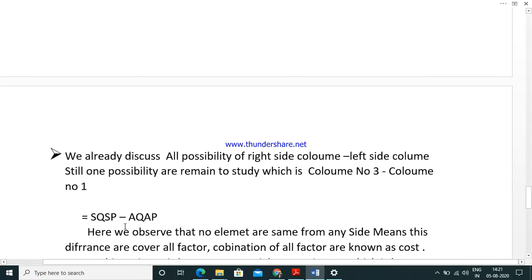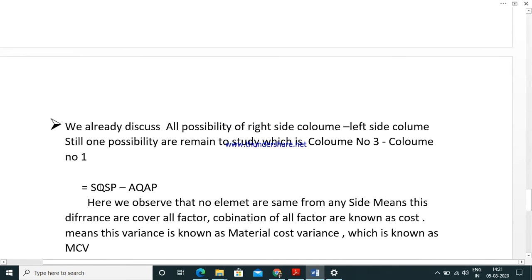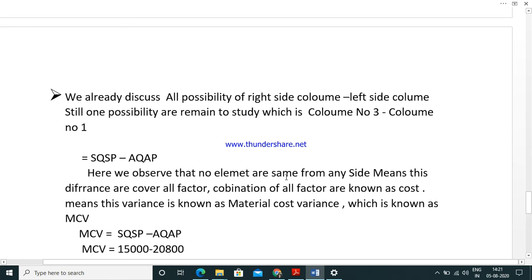We already discussed the possibilities of right side column minus left side column. One possibility remains to study, which is column number 3 minus column number 1, which is SQSP minus AQAP. Here we observe that no element is the same on either side, means this difference covers all factors.